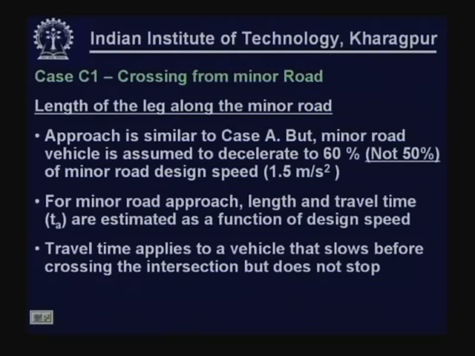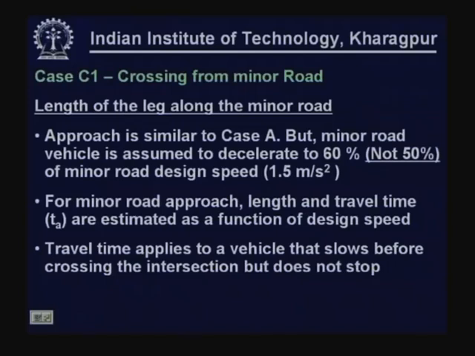While we are discussing the required intersection side distance for yield controlled intersections and for crossing the major road, we have to find out the length of leg along the major road and also the length of leg required along the minor road. First, let us see the length of leg along the major road.